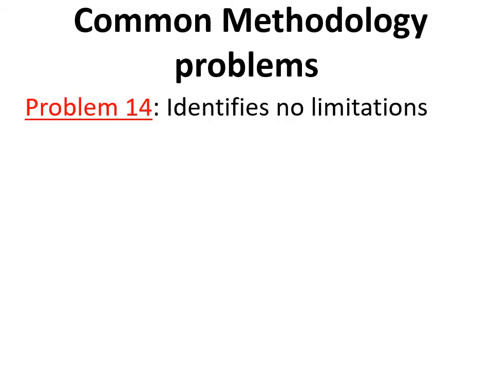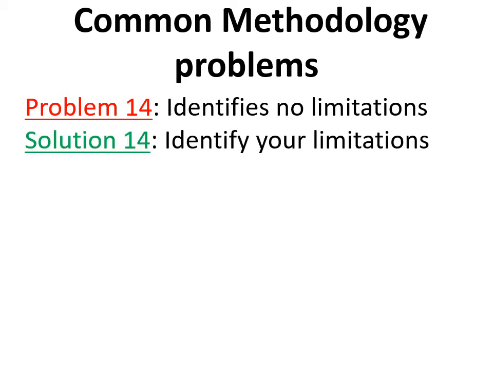Problem 14, this is on the rubric: you should identify limitations to your research. The solution is that you need to identify them. A lot of times people seem to skip this step because they don't read the rubric very closely. You are now warned, right? And limitations take different forms.